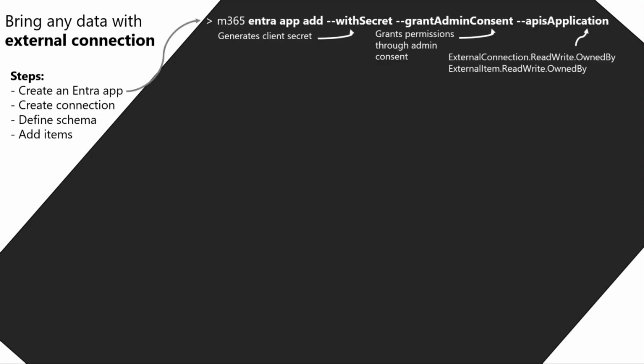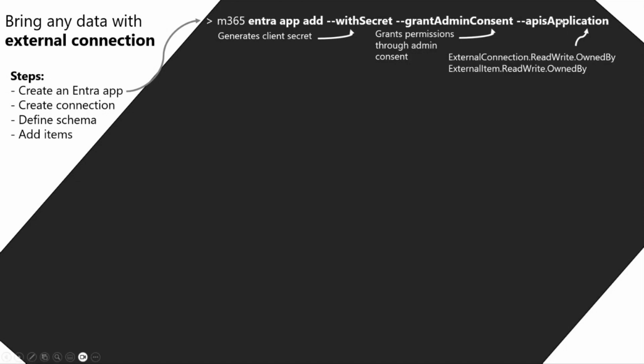The first step is to create an Entra ID application with limited permissions, so the application can only manage external connection and external items. The CLI has the command entra app add with several options.